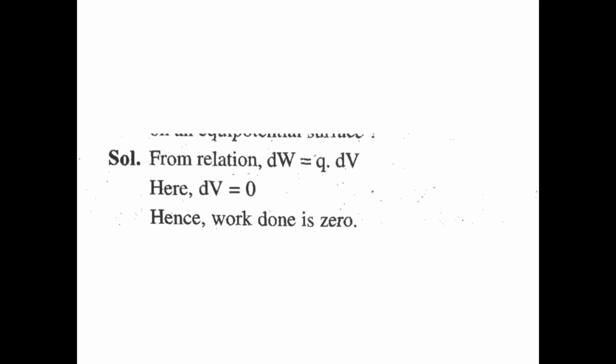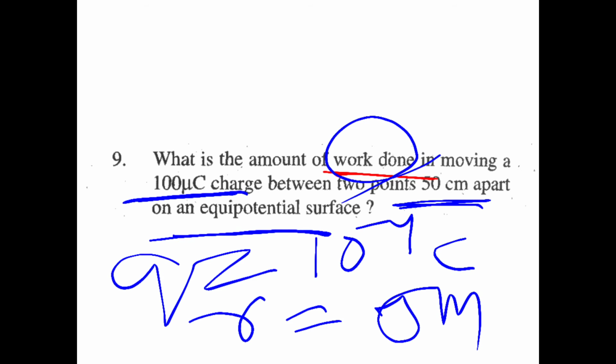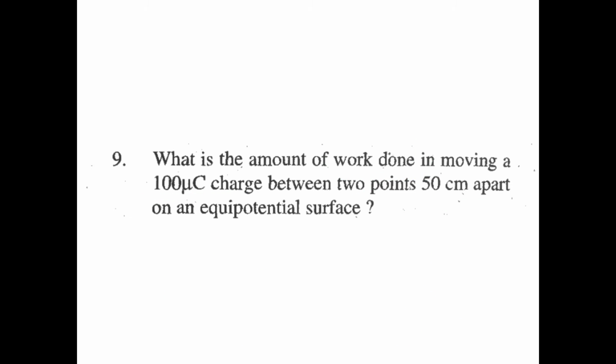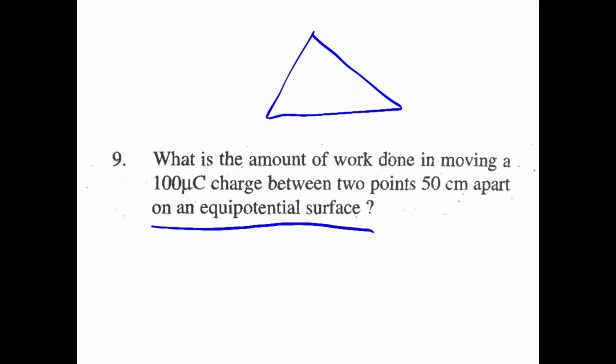These things are not required; you have to use the trick. Do you know what an equipotential surface is? At an equipotential surface, at each and every point the electric potential is the same. So the potential difference V is equal to 0.